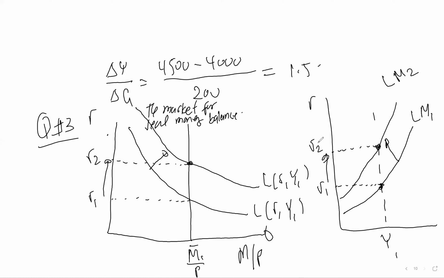So again, if consumers desire to use cash more frequently, money demand will exogenously increase, a shift in this money demand curve, and each R and Y pair will be associated with a higher money demand than before.